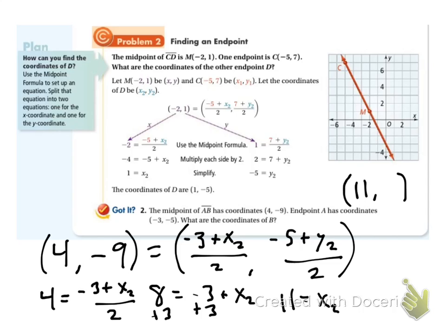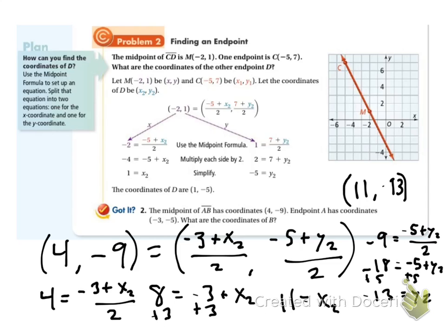And I'll try to squeeze this in over here. -9 is equal to -5 plus y2 over 2. Multiply by 2 on both sides, I get -18 is equal to -5 plus y2. Add 5 to both sides, I get -13 is equal to y2. So this is -13. So the other endpoint is 11, -13.